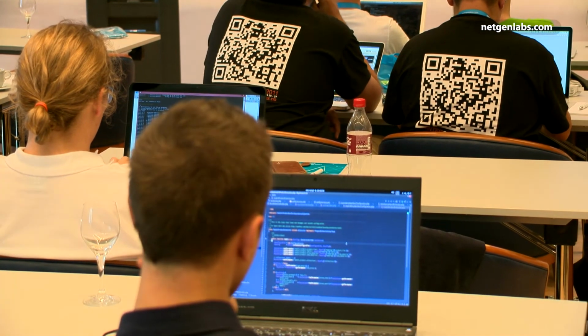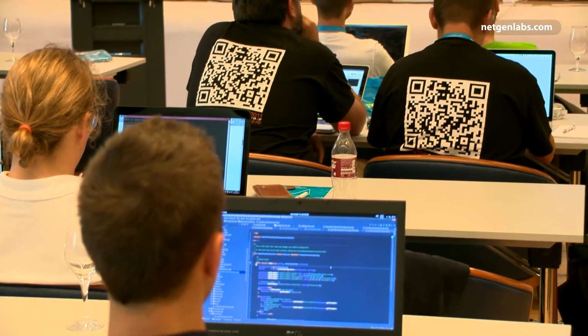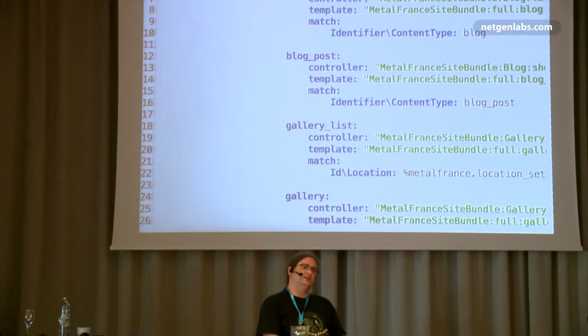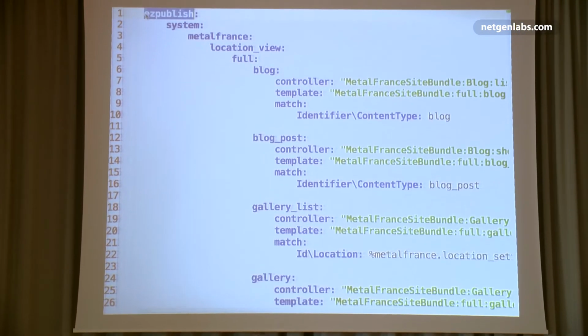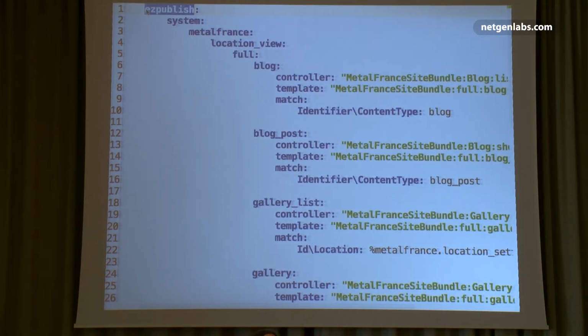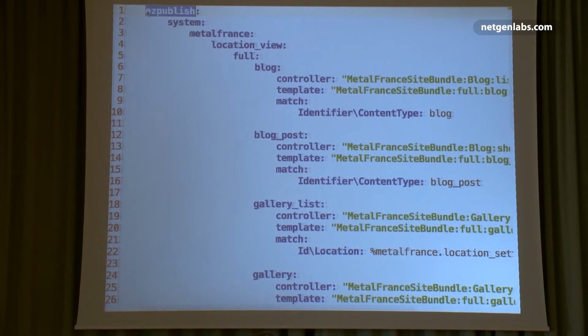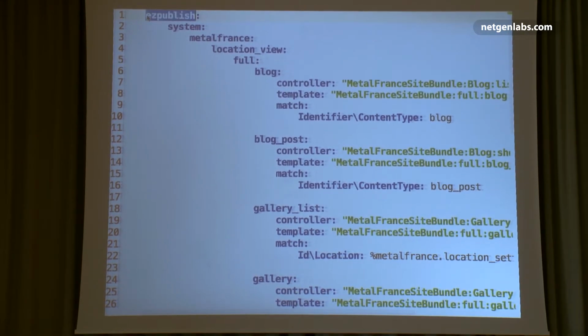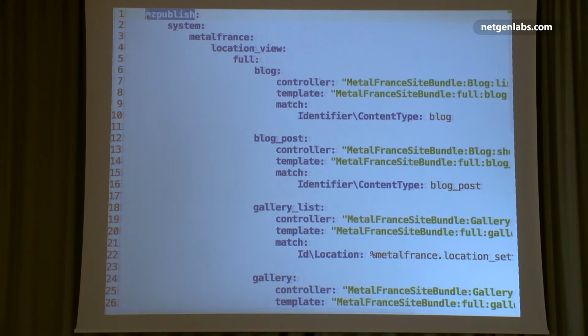So here it is. This is what we call semantic configuration. In Symfony, you have two types of configuration. The semantic one is basically exposed and validated by Easy Publish. So basically, Symfony is triggering some kind of a validation system that is defined by the bundle itself.